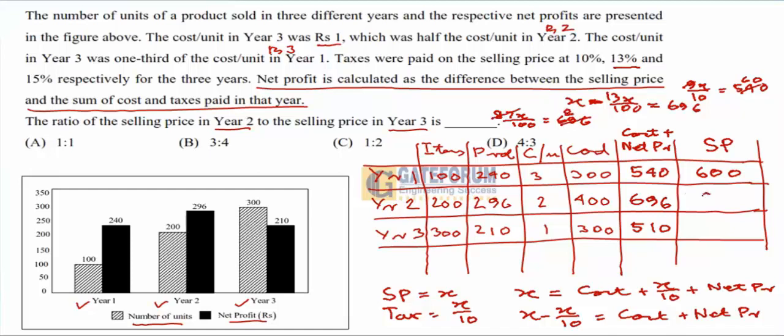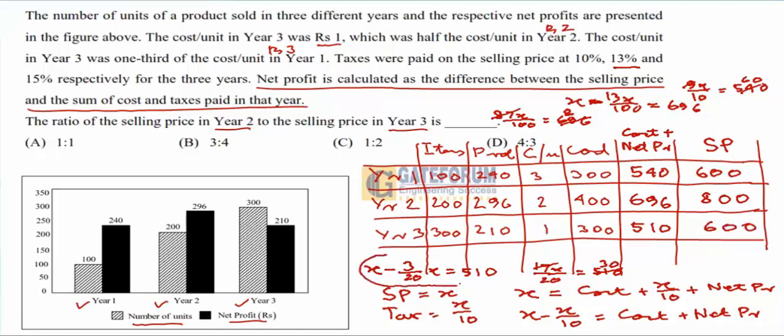So X is 800. And for year 3, the tax is 15%. So it is X minus 3 by 20X. This must be equal to 510. So that would be 17X by 20 is equal to 510. So X is again 600. So that is the selling price.